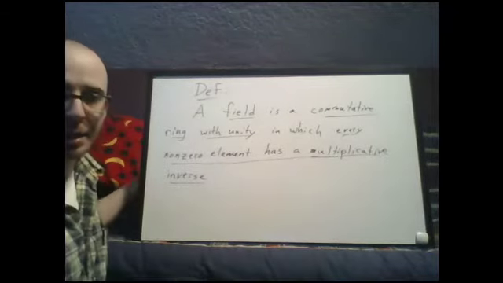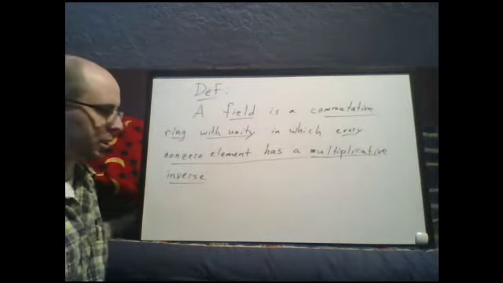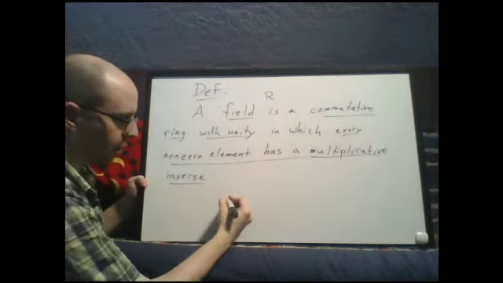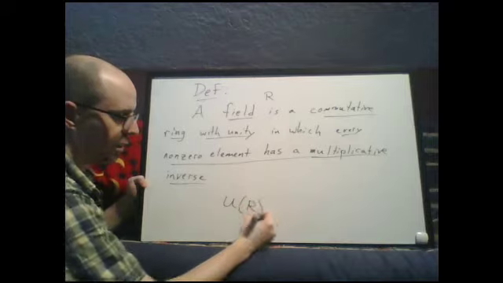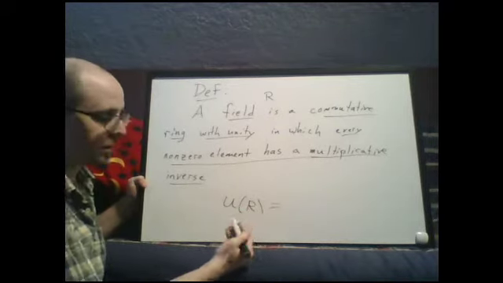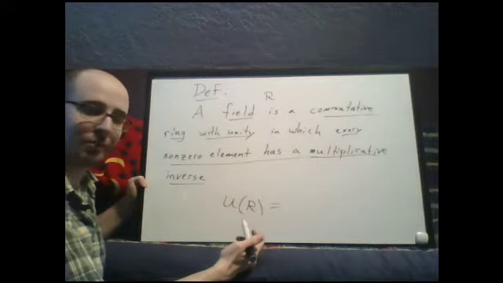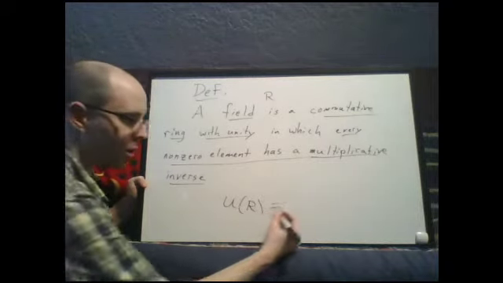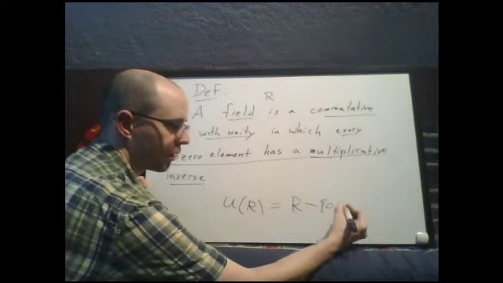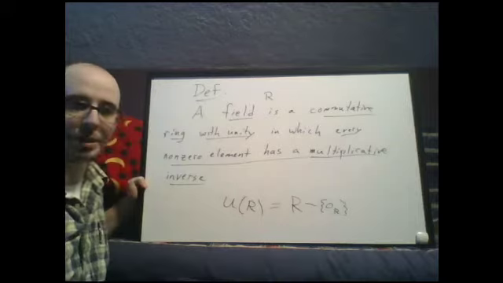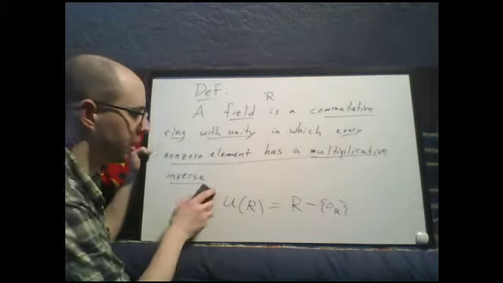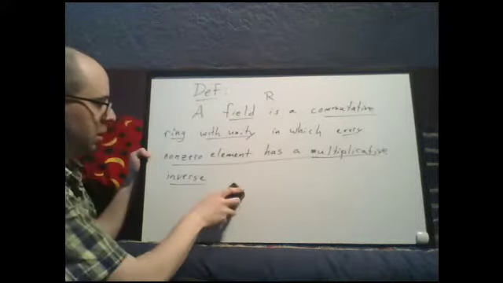Another way we could say that is every non-zero element is a unit. So if my field is called R, we could say the set of units of R, if you remember the definition of that, those are the set of elements that have multiplicative inverses. So the set of units of R would be R minus the 0 element. Everything except for the 0 element is a unit. Right? So, definitions of fields.